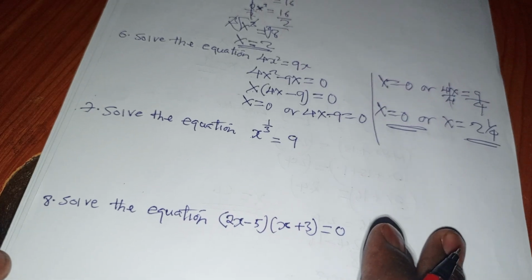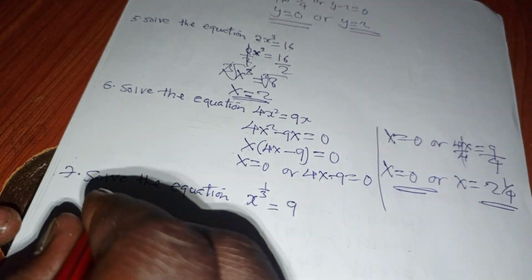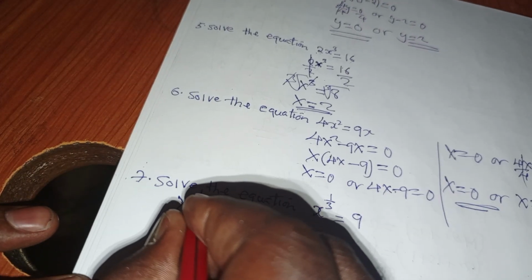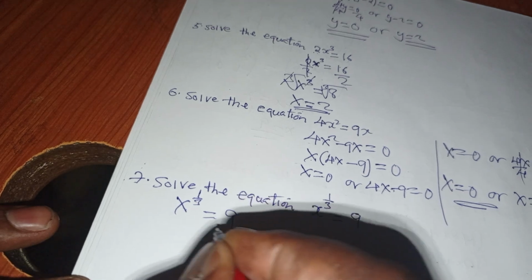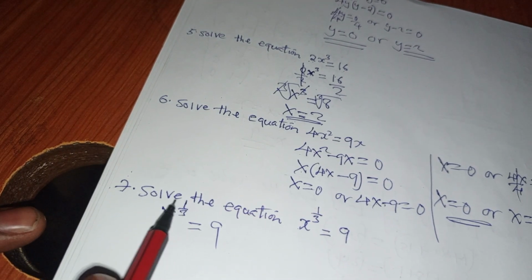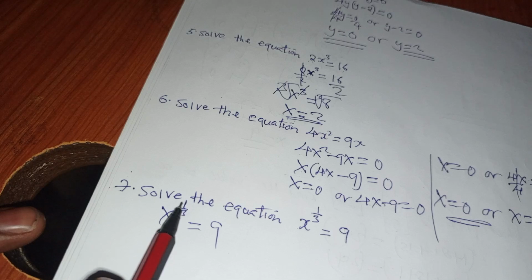Then the second last question is saying that x to the power 1 over 3 is equal to 9. The best way for us to eliminate this part, because we're looking for x, is to reciprocate the power.